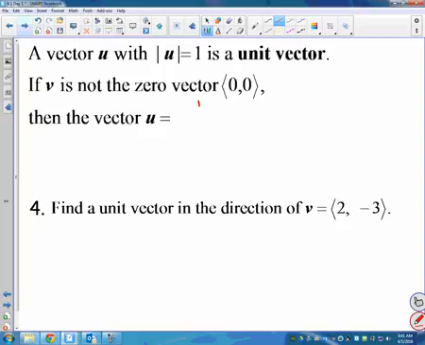You're going to take 1 over the magnitude. If v is not the 0 vector, then its unit vector equals 1 over the magnitude of v times the vector.